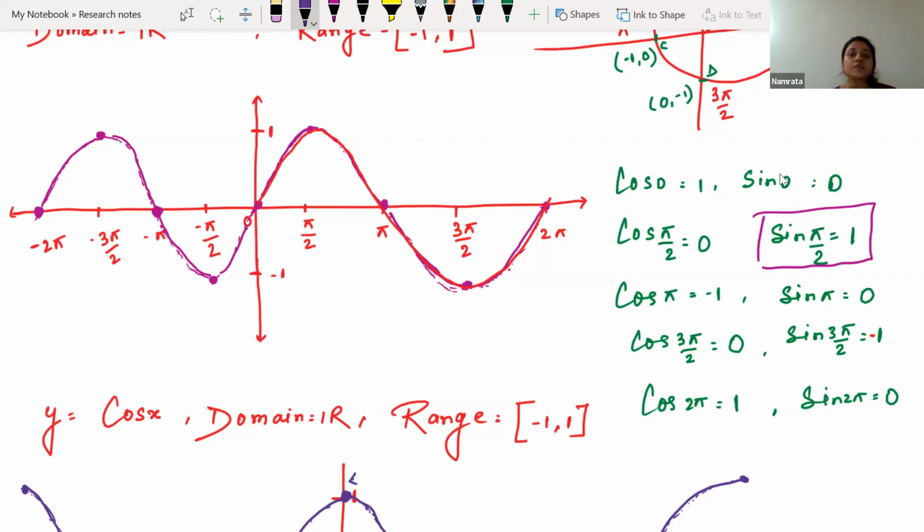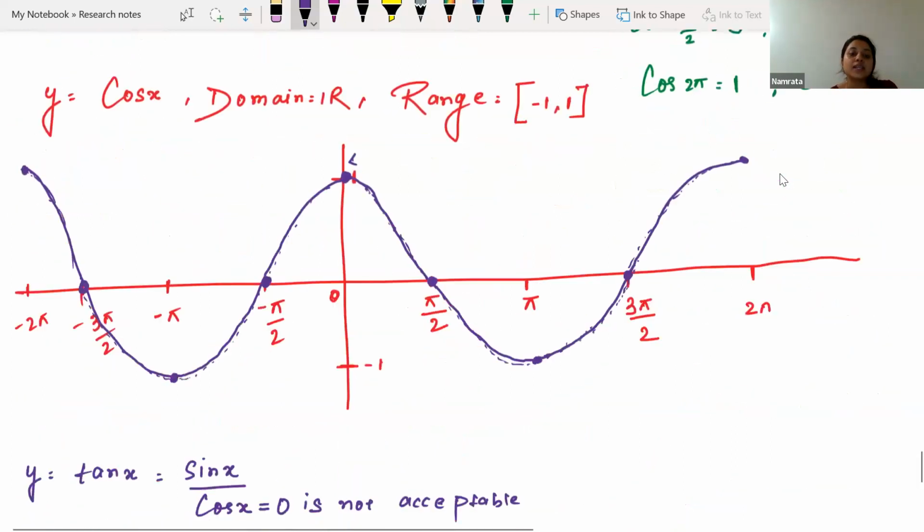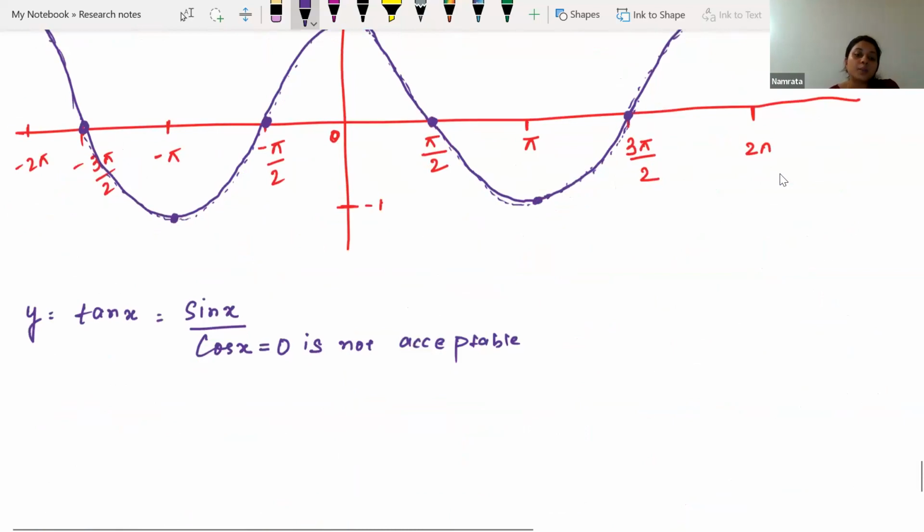So here we can say everything is okay, but we don't need (2n plus 1) pi by 2. These values will make the function tan undefined. The domain can be all the real numbers, but not these odd multiples of pi by 2, because that is where the denominator will be 0 and the function will be undefined.